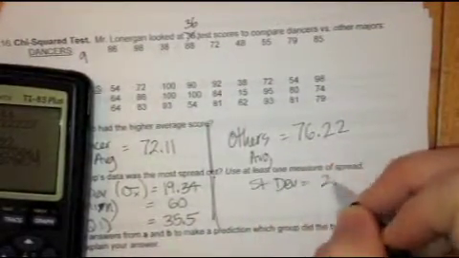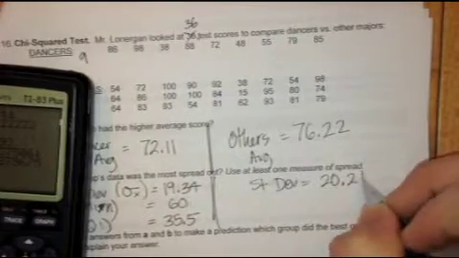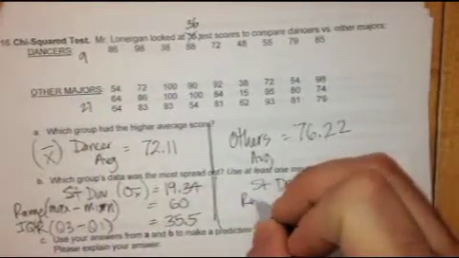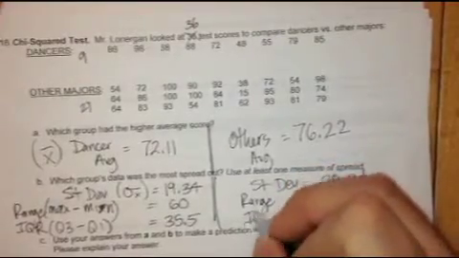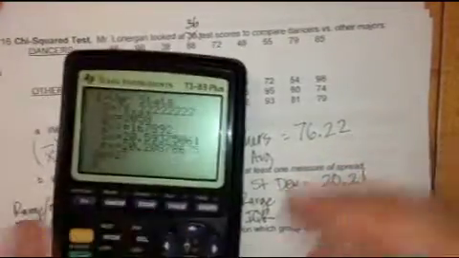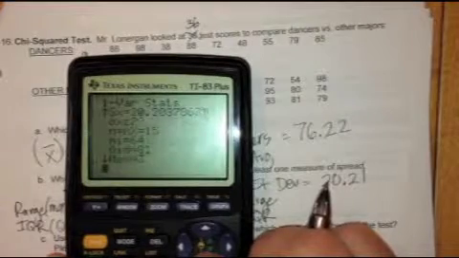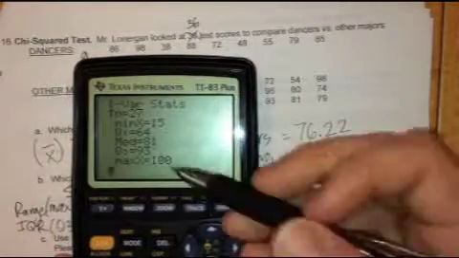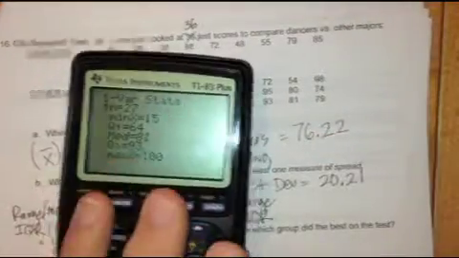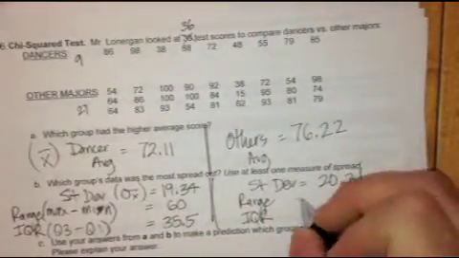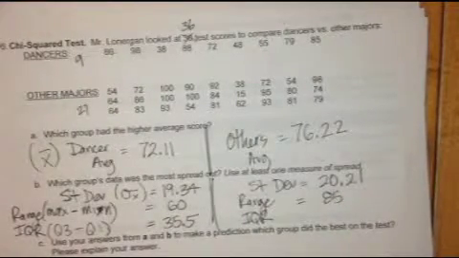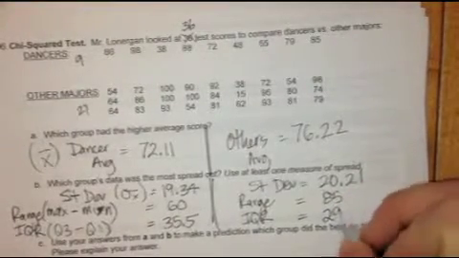Standard dev is 20.21 when I round it. And then the other information, the range and the IQR, I get from calculating the min, max, Q3, Q1, all that stuff. It's right in there. Can you trust me that the range equals 85 and that the IQR equals 29?